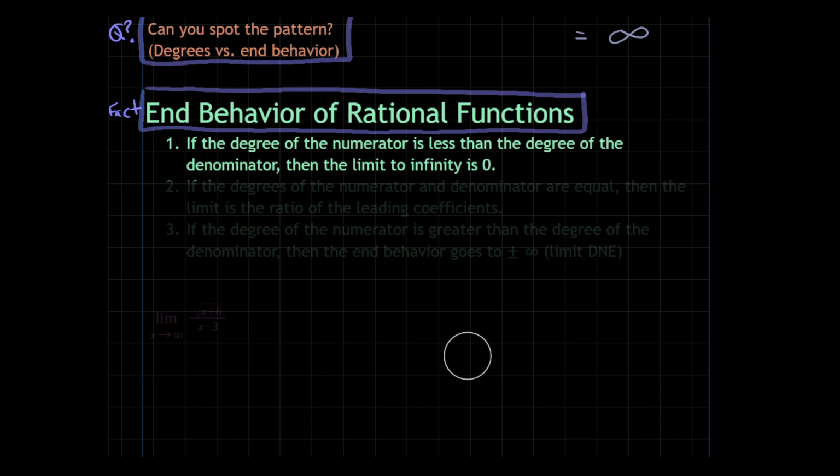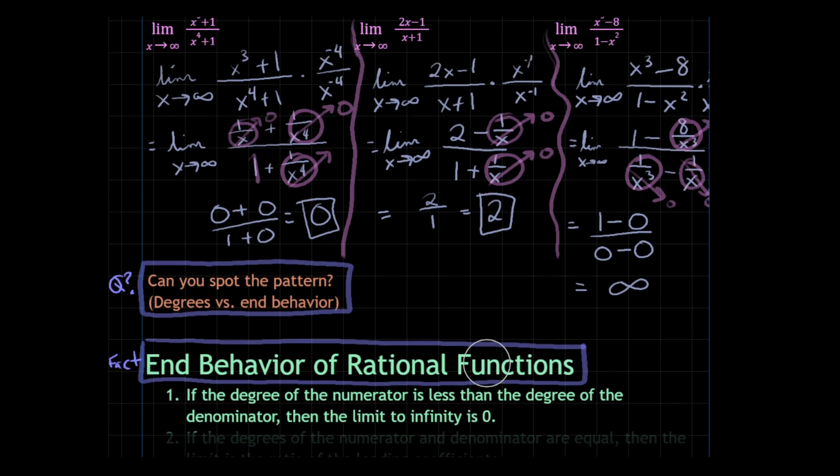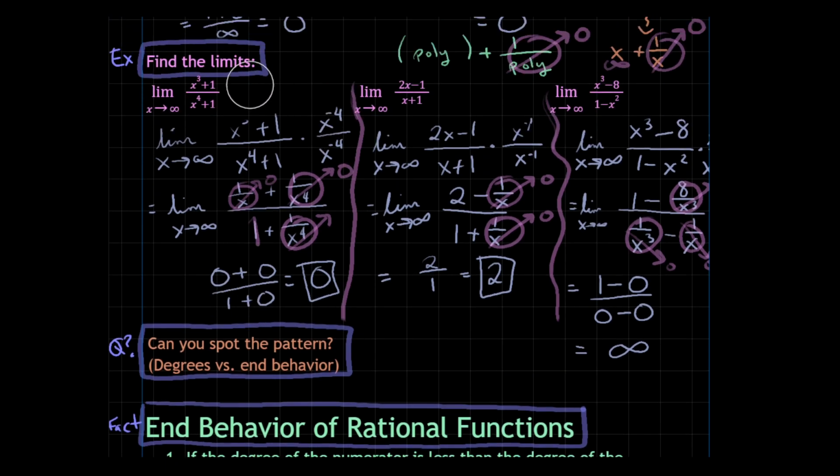If the degree of the numerator is less than the degree of the denominator, then the limit to infinity is 0. That's like the first one that we did. And the way I like to visualize this is both x to the third plus 1 and x to the fourth plus 1 want to go to infinity, but x to the fourth plus 1 does it stronger.